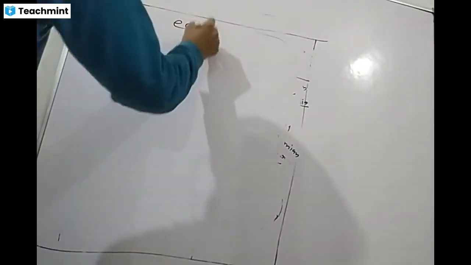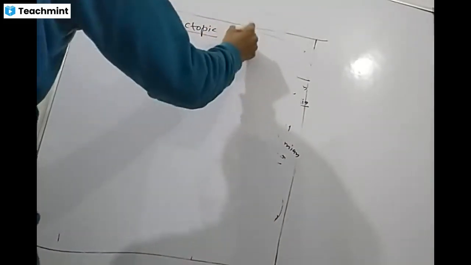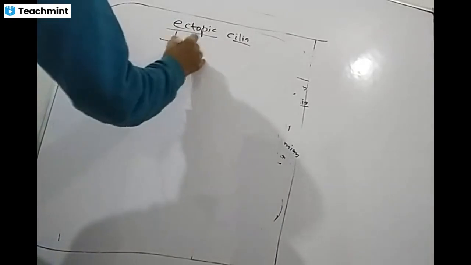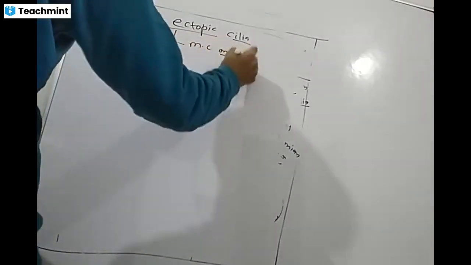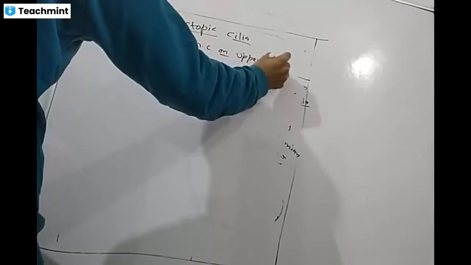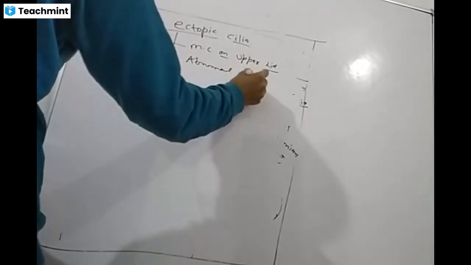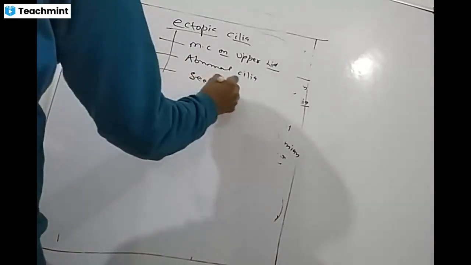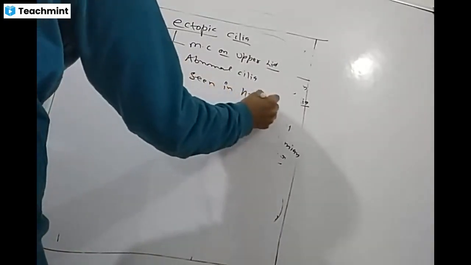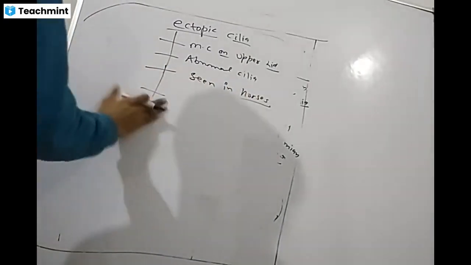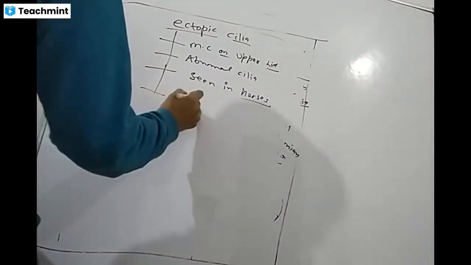The next is ectopic cilia. The first question is whether ectopic cilia are more common on the upper eyelid. These are abnormal cilia, seen in horses. Now, from where do they arise, their origin?